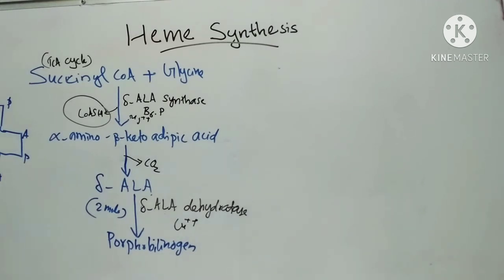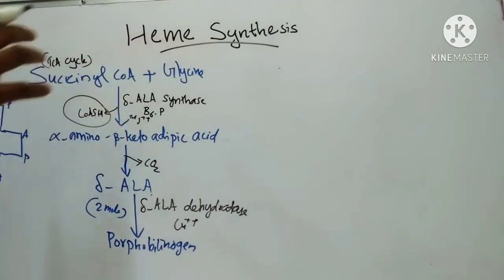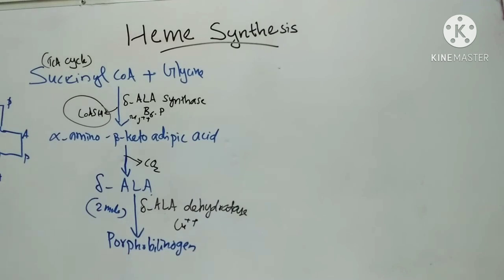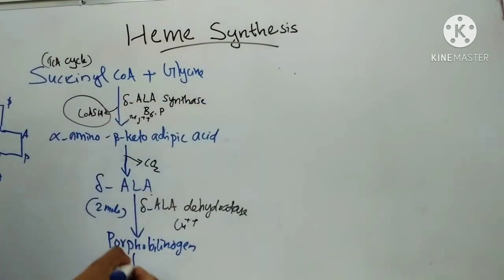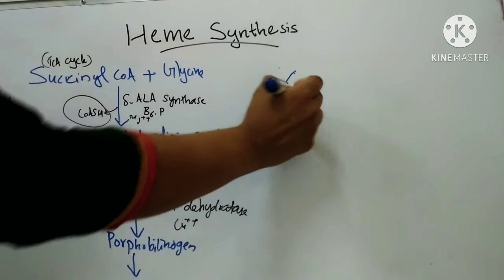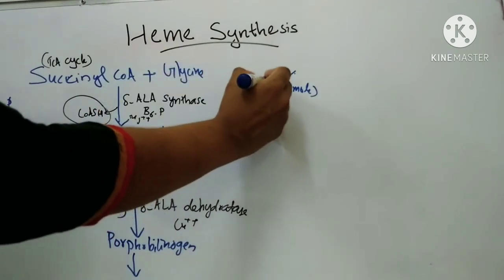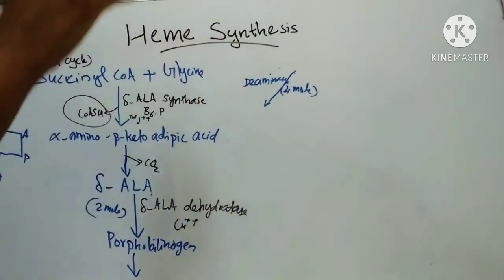In presence of the enzyme porphobilinogen deaminase, 4 molecules of porphobilinogen condense, losing 4 molecules of ammonia, and form uroporphyrinogen 1.